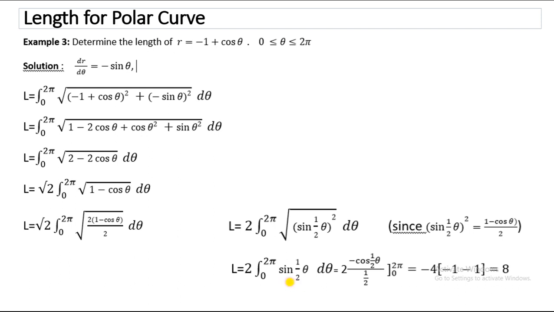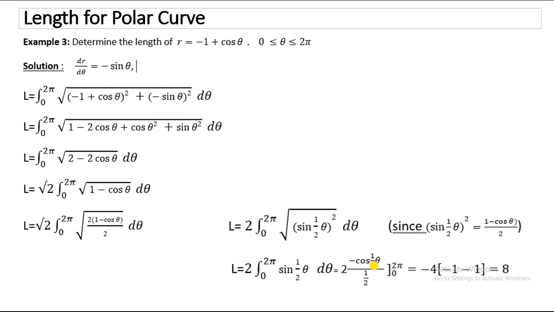Integration of sine gives cosine, because the derivative is not found, I divide by half. Cosine half theta, integration of sine is minus cosine. Divide by half because the derivative is not found. Multiply by 2. Substitute theta equal 0 and theta equal 2 pi.